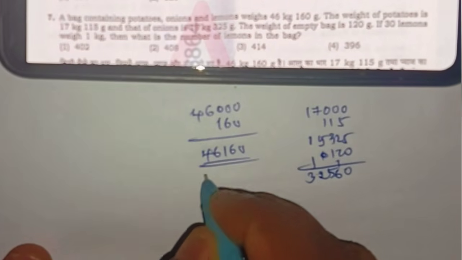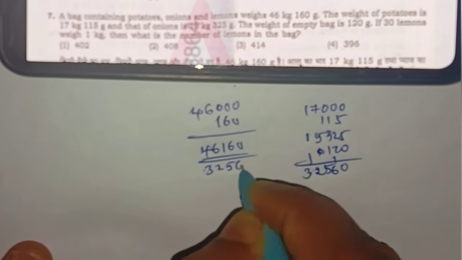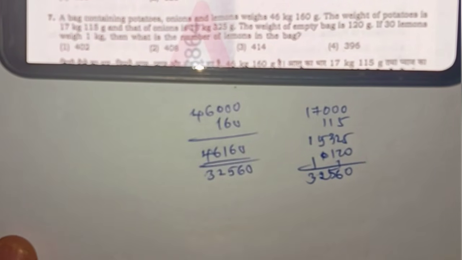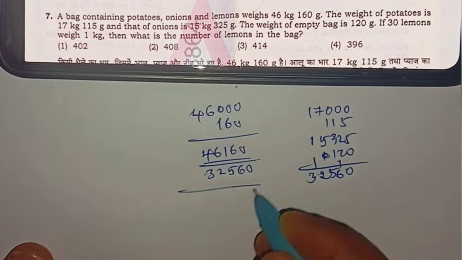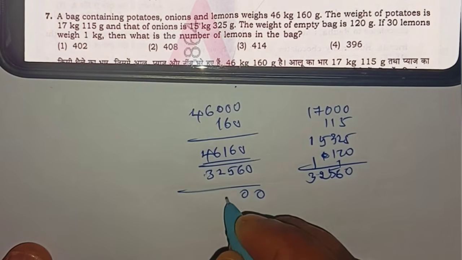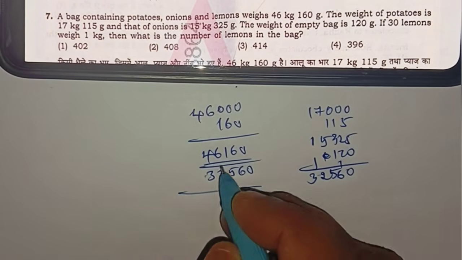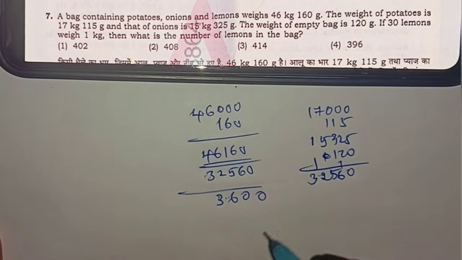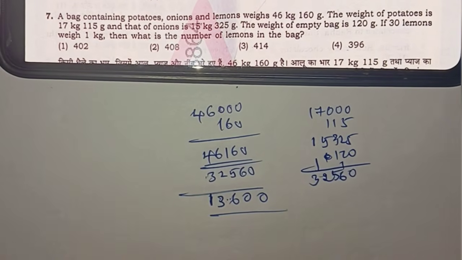We need to deduct this weight from the total weight. Then you will be left with 13,600.